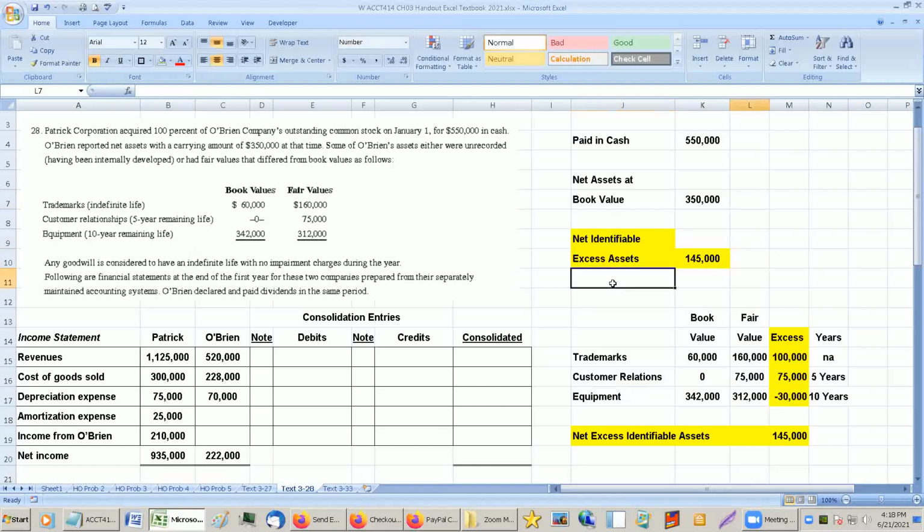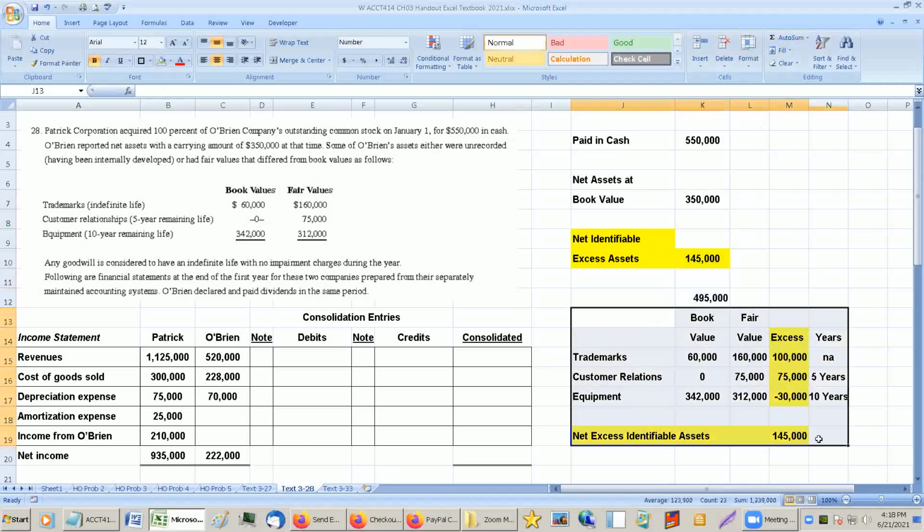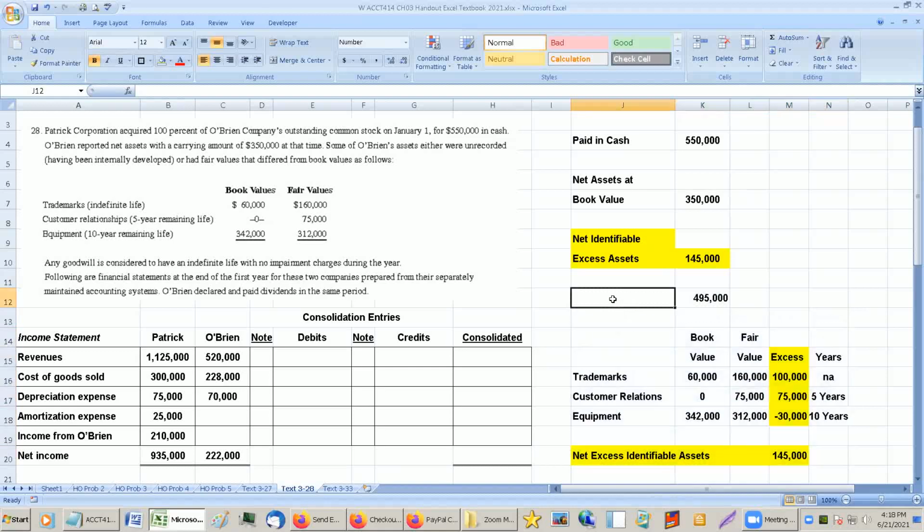Okay, so net identifiable assets, excess assets. So this would be the net assets.